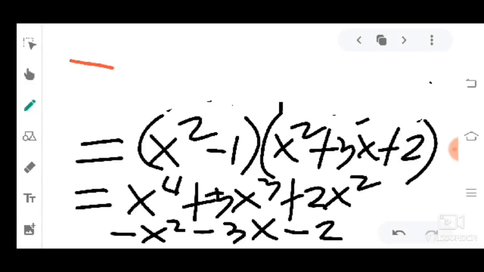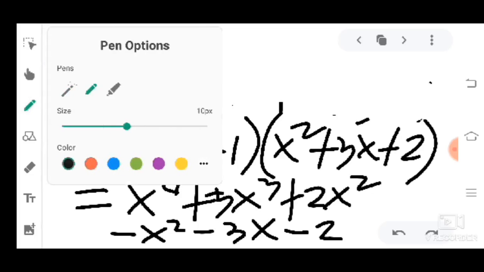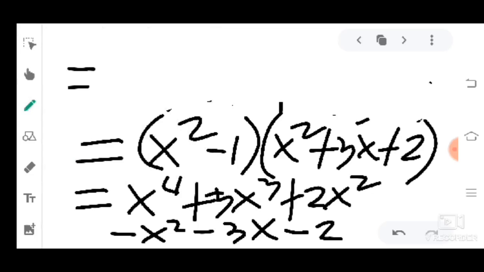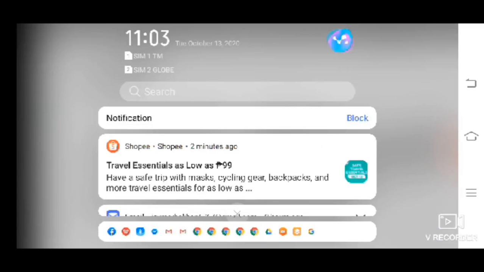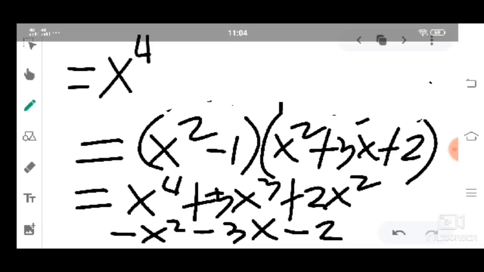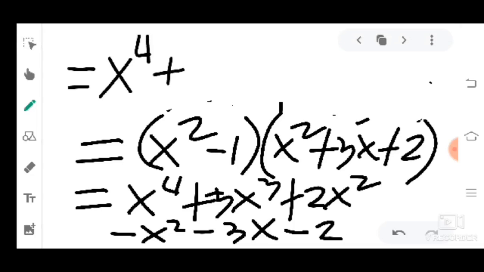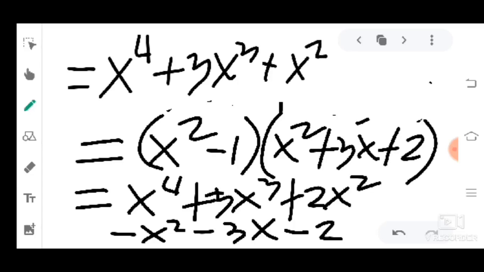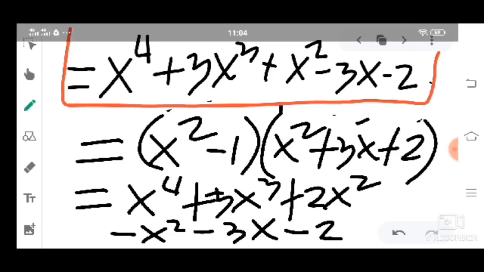So the answer now is x raised to the power of 4 plus 3x cubed plus x squared minus 3x minus 2. That is the final answer for letter C.